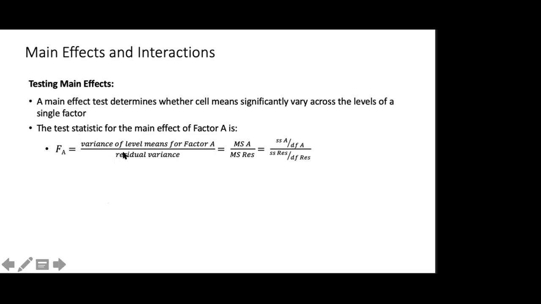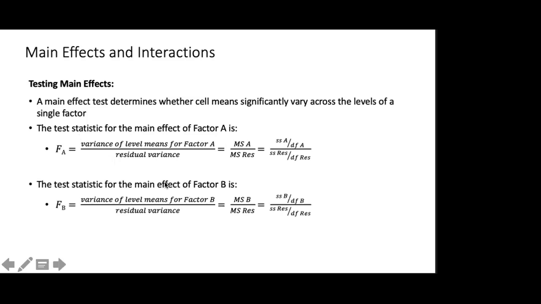So very much what we have already discussed for the one-way ANOVA. It's exactly the same. Accordingly, the test statistic for B is just the mean squares for B divided by the residual mean squares, also the same as for one-way ANOVA.